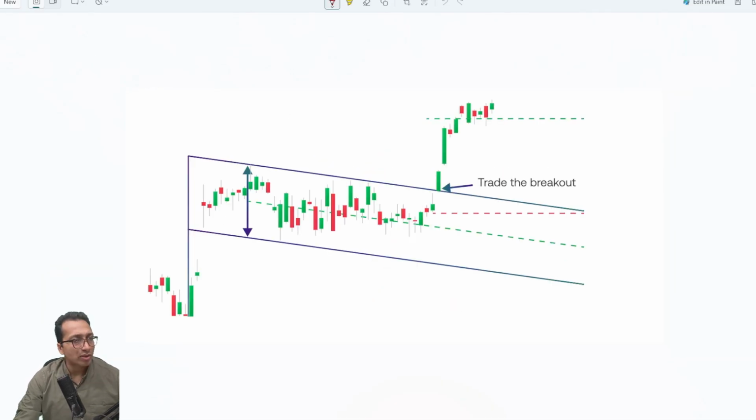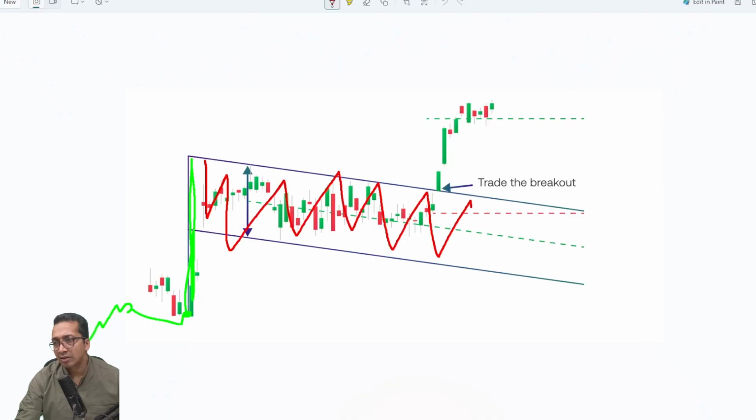Now let's talk about another pattern, which is a flag pattern. It can happen in both ways. Right now the example we are taking is that the market has been going up and after that it got stuck in a flag pattern. The market has gone here and created the pole of this flag, and after that the market had a run where it gets stuck in an upper and lower parallel range.